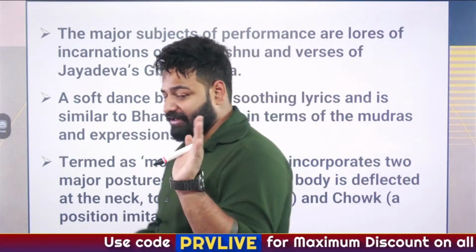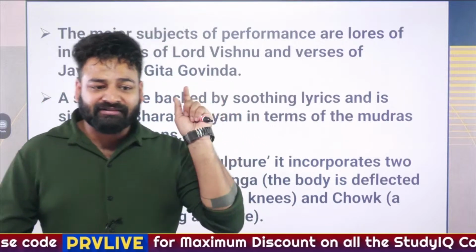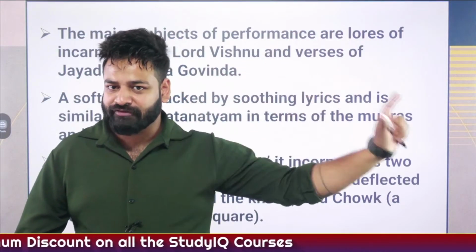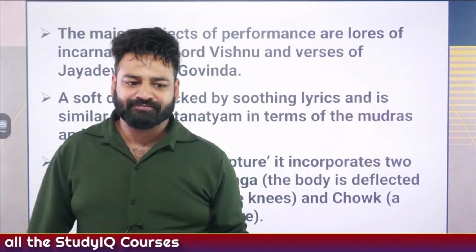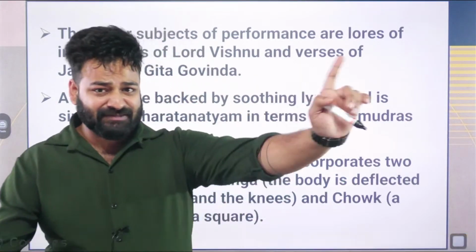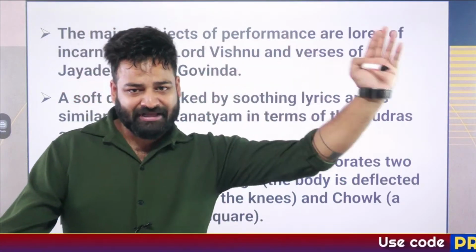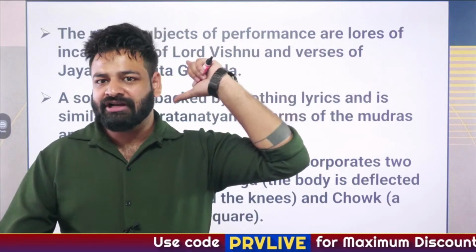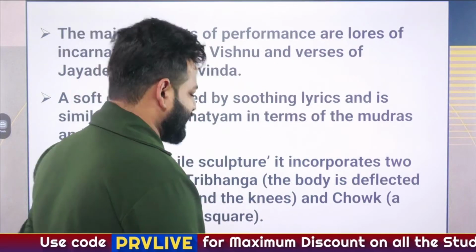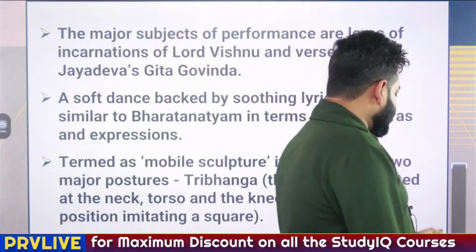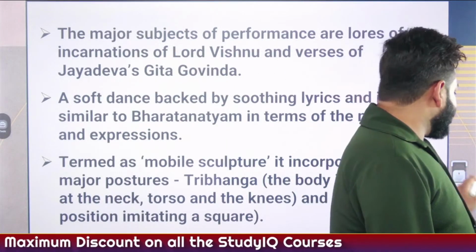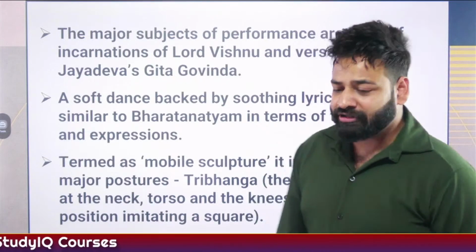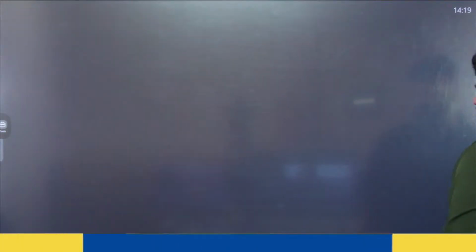Guys, please make a clear distinction. The theme is the same as Mohiniyattam, that is incarnation of Lord Vishnu. Incarnation as in rebirth, right? So the theme is common between Mohiniyattam and Odissi. What is the common theme? That is incarnation of Lord Vishnu. But the movement, that is the Natya and Nritta, we can understand it with this.